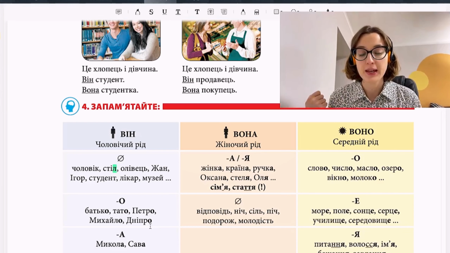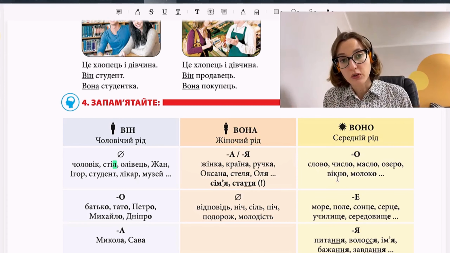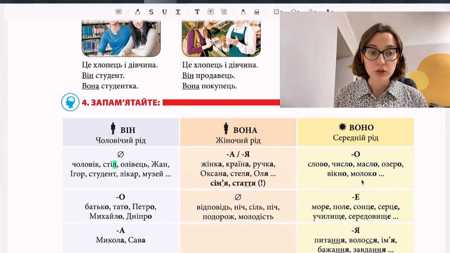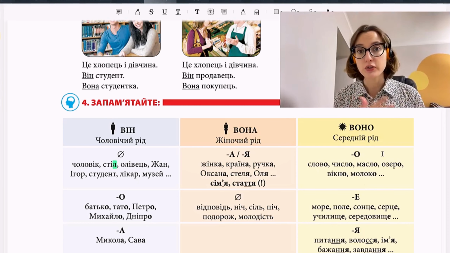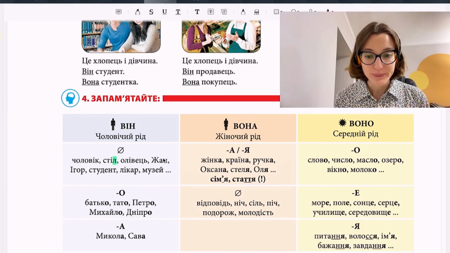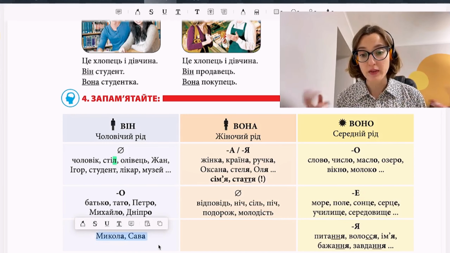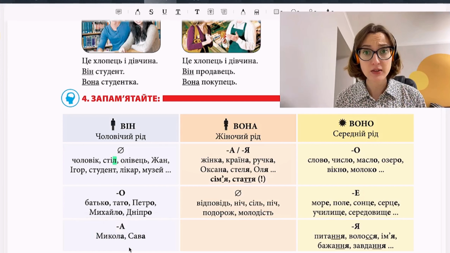But other words, for example, вікно, a window, молоко, milk, they are neuter, not masculine. But we will see them also. And names, again, men's names with а at the end are also masculine.